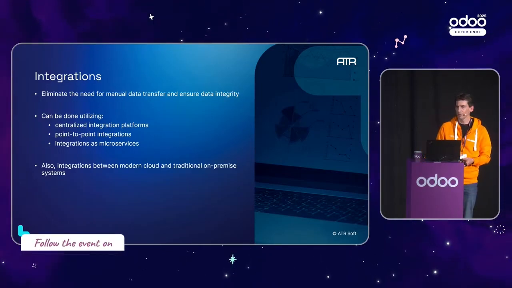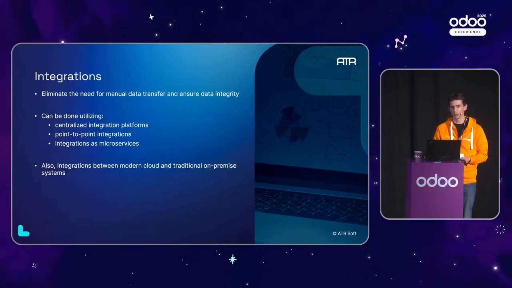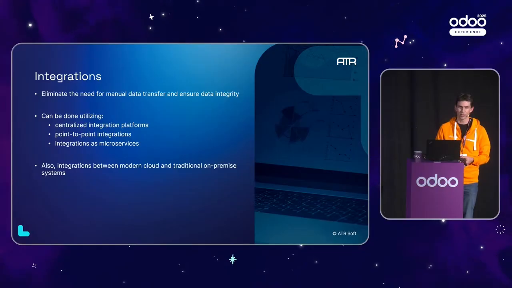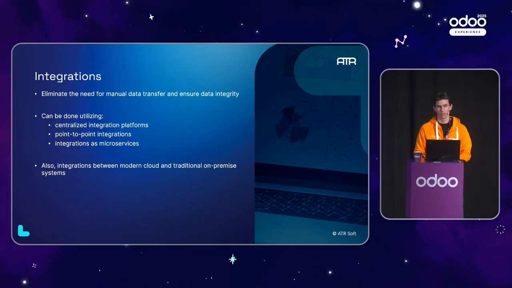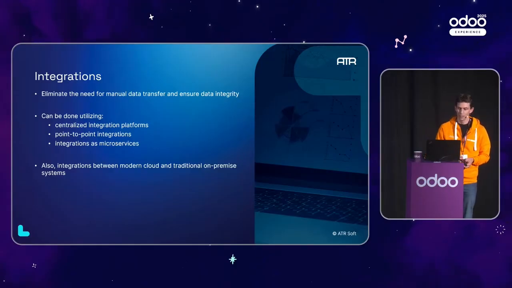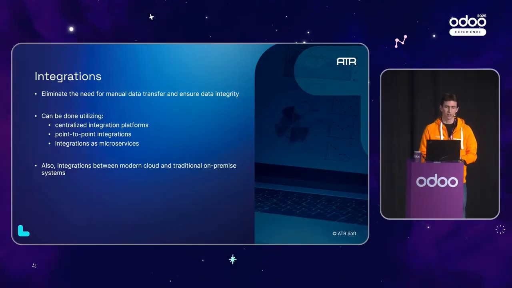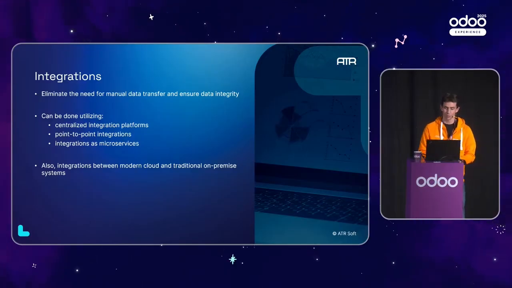There are many different kinds of integrations; they can be based on integration platforms or they can be point-to-point integrations. CustomTools, which we are talking about today, is a traditional point-to-point integration where we connect the SolidWorks CAD system with Odoo bidirectionally. We also provide some modern cloud-based integrations, for instance for 3DEXPERIENCE, which is Dassault's PLM system.